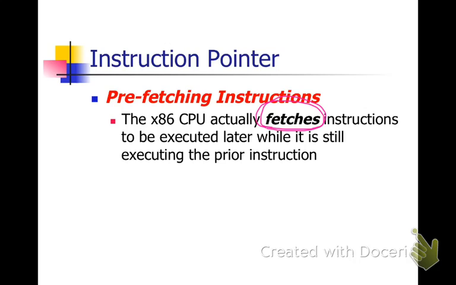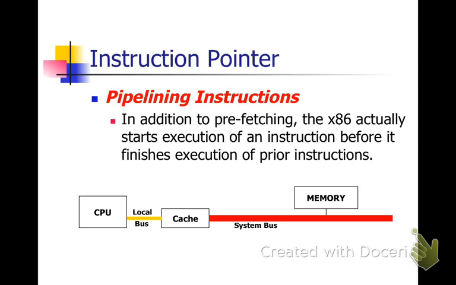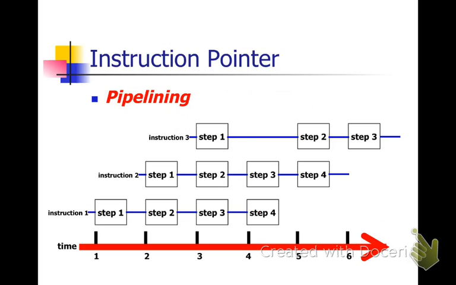How fast I can get to everything has changed because I can get to different parts of the CPU, different pieces, different components in different time slices. And in that way, in addition to prefetching, I can actually start execution of one instruction while I'm still executing the previous one. In fact, I can do this for multiple instructions.